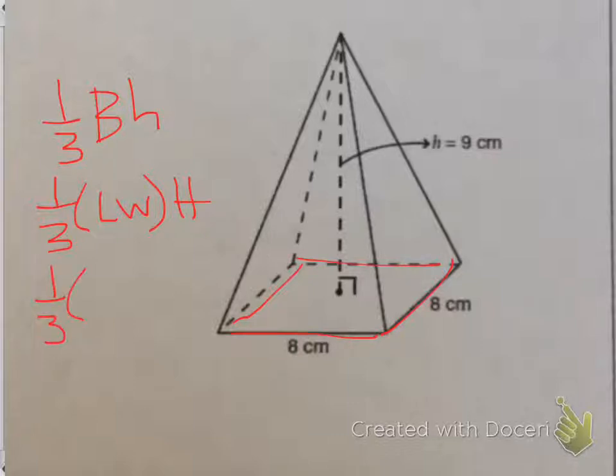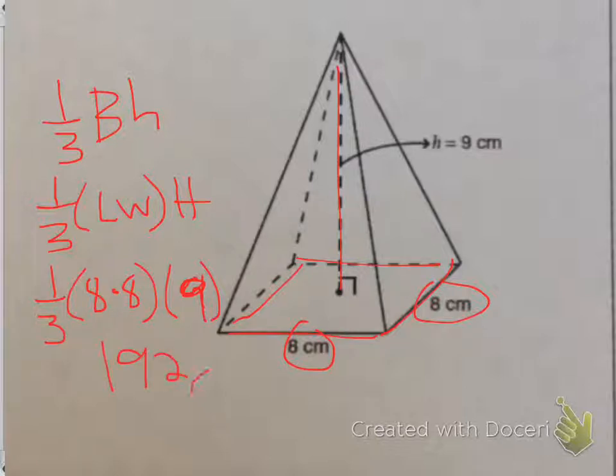So 1/3 of 8 times 8 for length times width, and then the height is 9. This is just a matter of plugging it in your calculator. When you do that, you would have 8 times 8 times 9 times 1/3, and that's 192. We're a volume here again, so centimeters cubed.